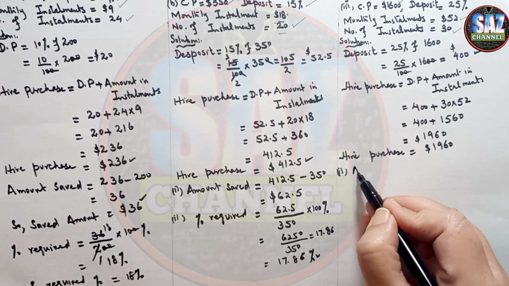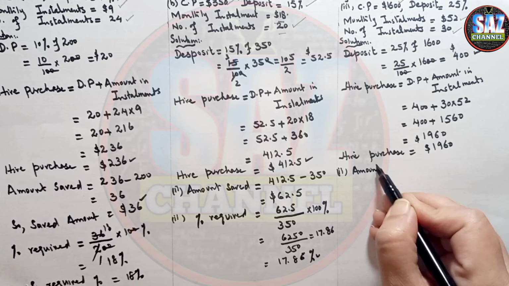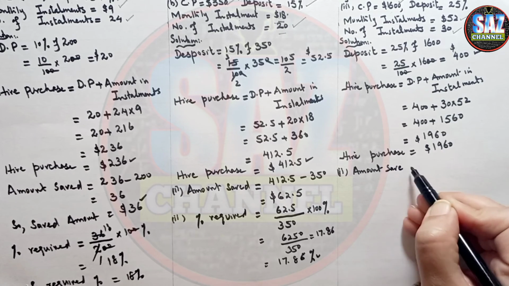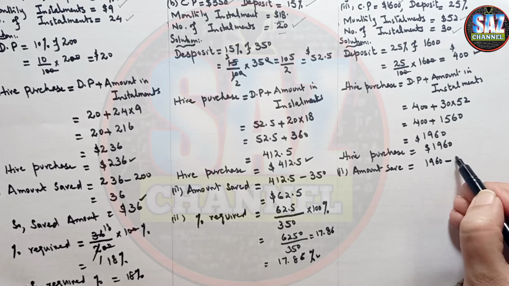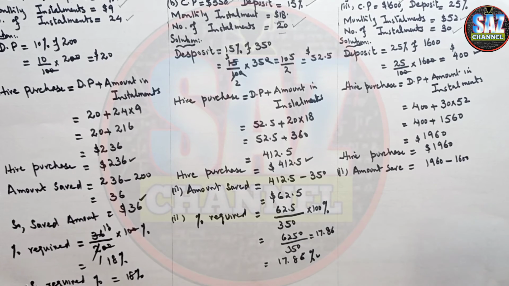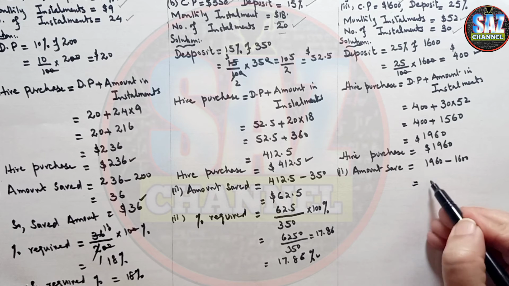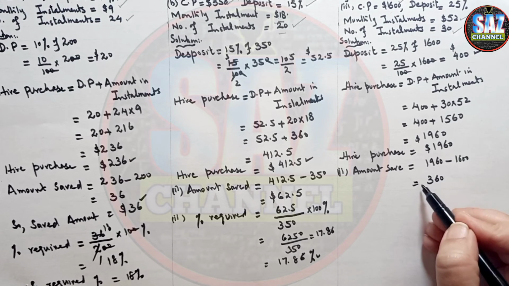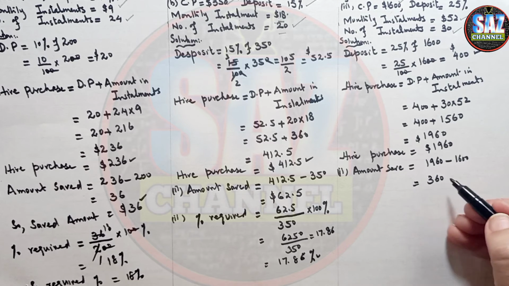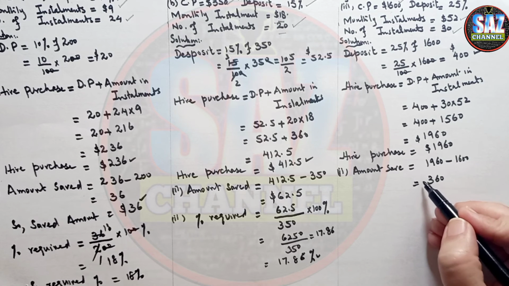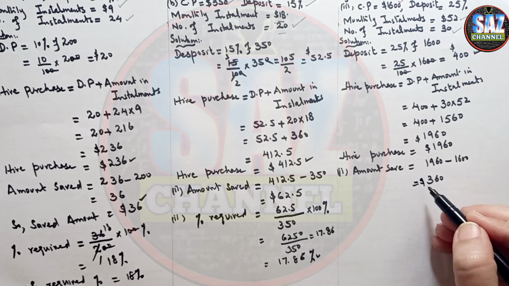Okay, the amount that I can save will be the difference between the hire purchase and actual cash price, that is 1,600. Take away 1,600: 1,960 minus 1,600 is 360, and this 360 is the amount that I can save if I'm buying this sofa at the actual cash price.